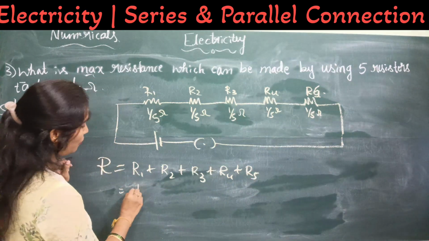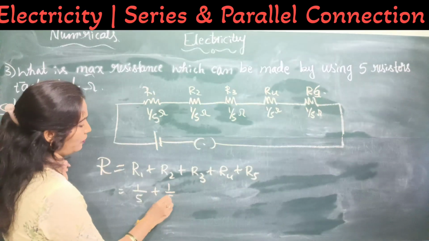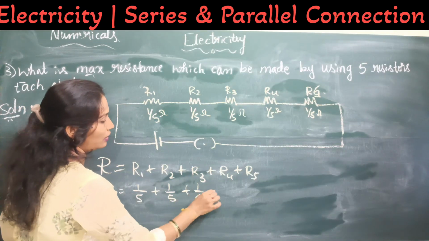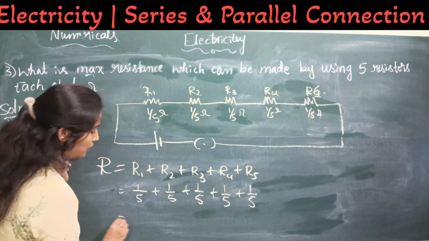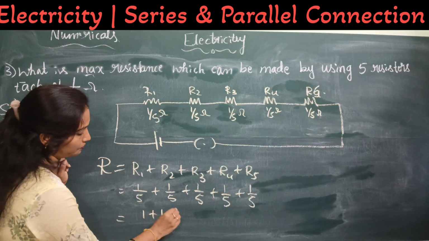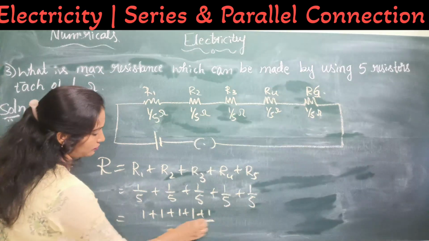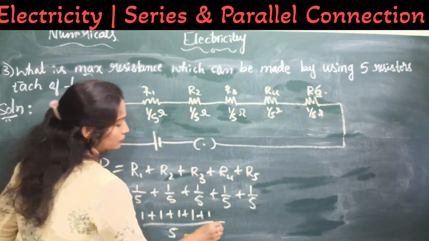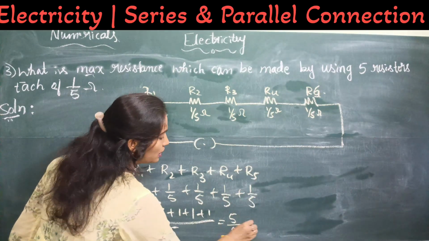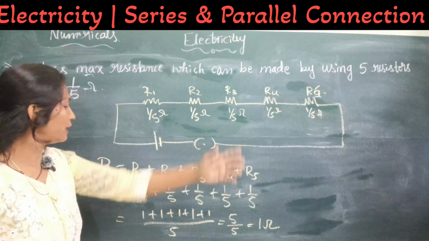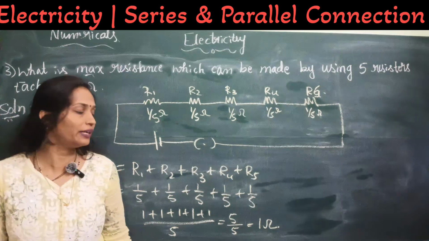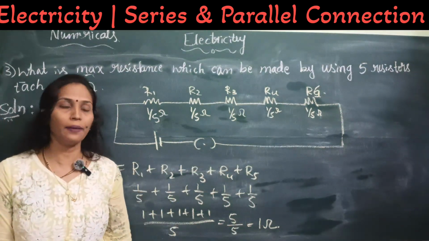How much, guys? 1/5 plus 1/5 plus 1/5 plus 1/5 plus 1/5. It is equal to 5 divided by 5. How much? 1 ohm. So, total resistance is how much you got? 1 ohm. Okay? Write down.